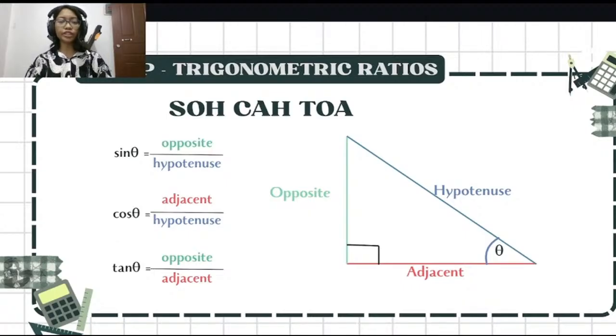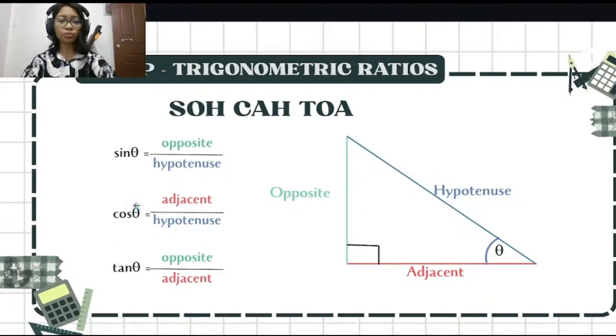Let's pause for a short recap of what we just discussed. Trigonometric ratios describe the relationship between the angles and the side lengths of a right triangle. In a right triangle, we focus on three main trigonometric ratios. Sine, which is the ratio of the opposite side to the hypotenuse.